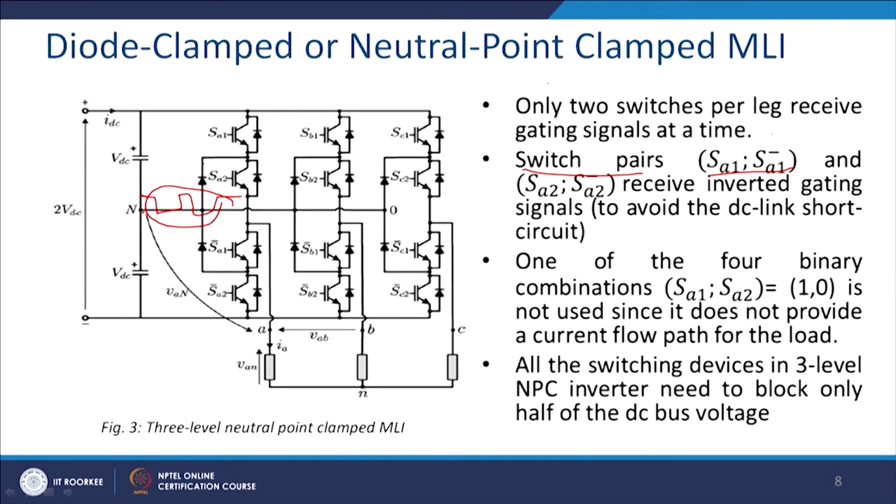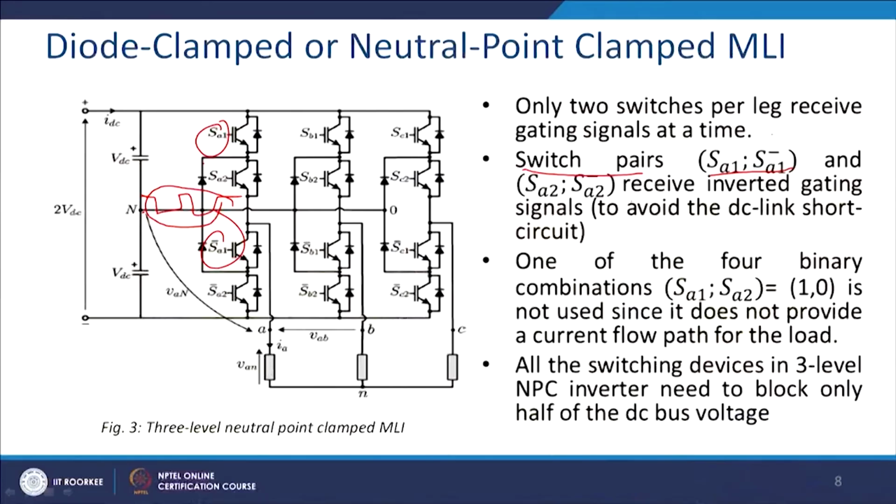So, to avoid a short, we require to ensure that switch pair S1 and S2 receive positive signals and S1 bar and S2 bar receive basically the inverted signal, because it is a complementary logic and that will ensure a never shorting condition of the DC-link voltage.